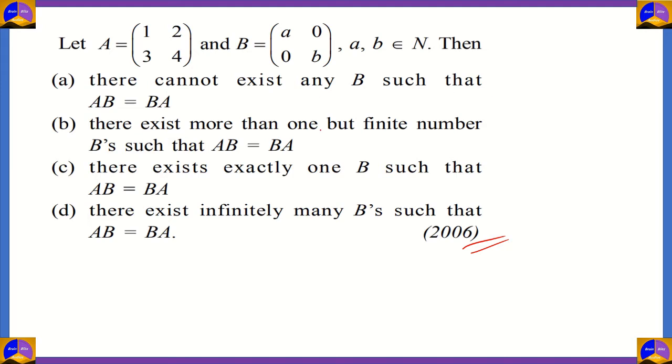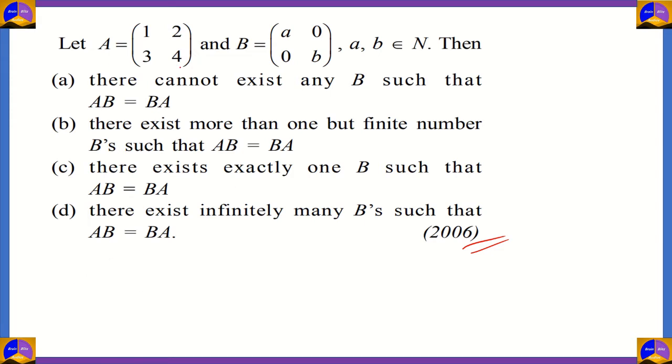There exists more than one but finite number of B's such that AB equals BA. There exists exactly one B such that AB equals BA, and there exist infinitely many B's such that AB equals BA. So in all of these four options, you see that AB equals BA is taken as a condition. So we can safely assume that AB is equal to BA.